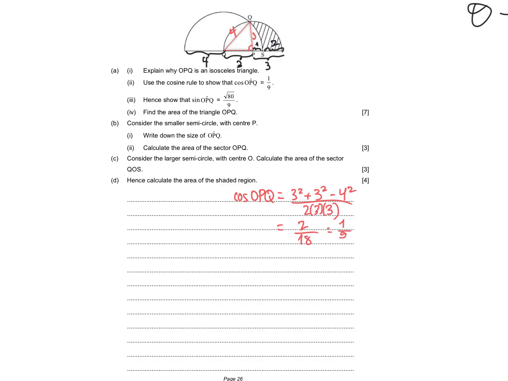Okay, so then hence show that sine OPQ is that. Okay, so then that's going to be the relationship between sine and cosine is cosine squared plus sine squared is 1, of course. So then we've got this is 1 over 9 squared.